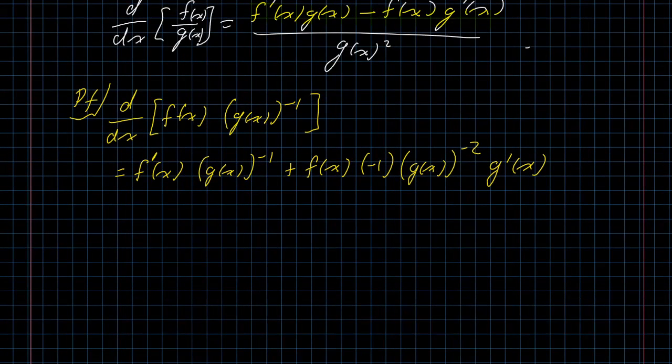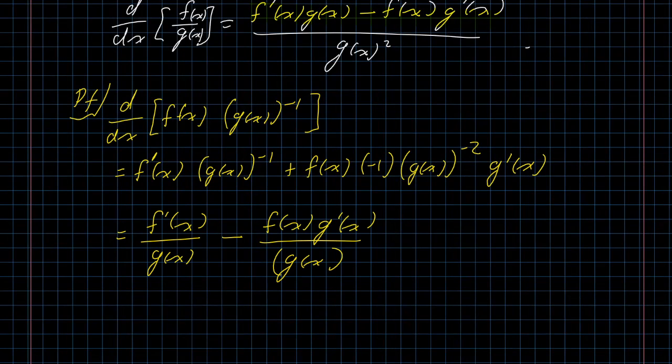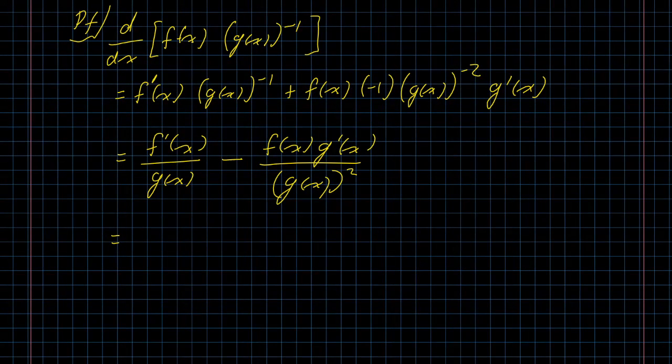If I clean up a little bit using properties of exponents, this is f prime of x over g of x minus f of x times g prime of x over g of x squared. I can find some common denominators by taking that first fraction and multiplying top and bottom by g of x.